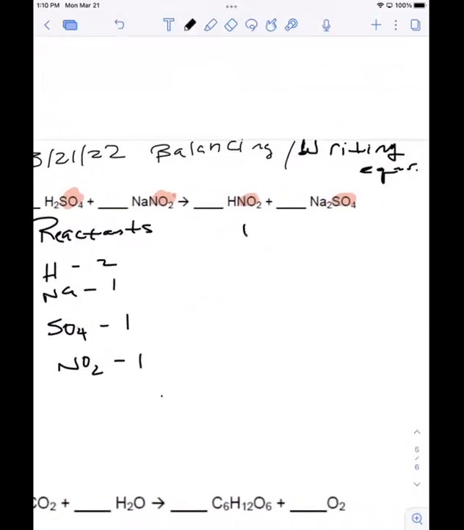And then on the product side, we have one hydrogen, we have two sodiums, we have one SO4, and we have one NO2.